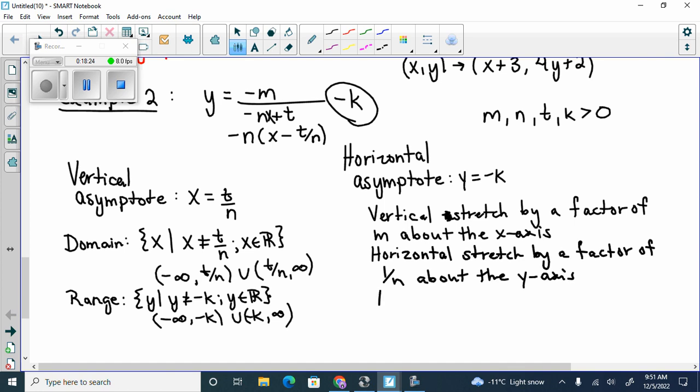Oh my gosh, it's lagging so bad, I need to restart it. Reflection on the x and y-axis. One thing you can write together. Vertical translation. I forgot the word units last time. Translation k units down.